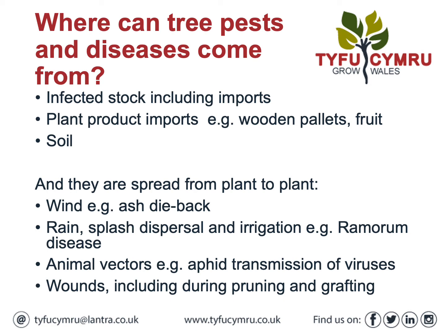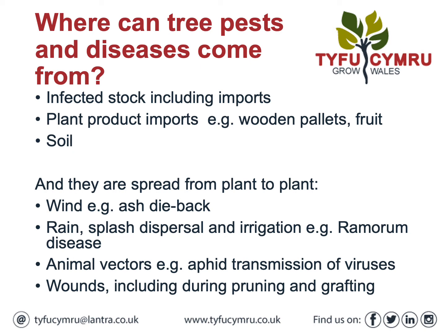They may not be the plants themselves, but there may be plant products and the inputs of those plant products, such as importing wooden pallets or fruit. Or they might come in on the soil that's imported with plants.